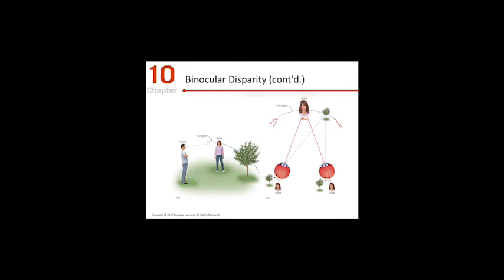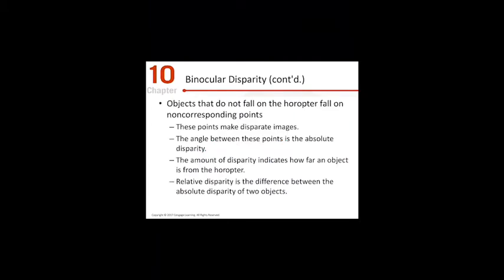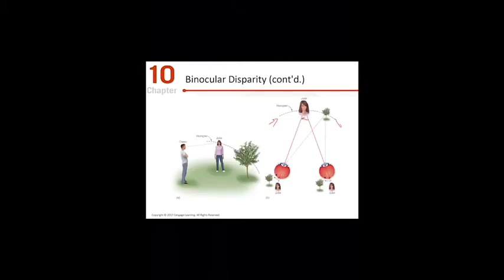Anything that does not fall on the horopter, right, is not on a corresponding point. So objects that do not fall on the horopter fall on non-corresponding points, and those make disparate images. When we look, for example, at Julie, if we are focusing on Julie, and let's say we have Bill sitting right here, Bill does not fall on the horopter, okay, and so he is not going to fall on corresponding points on the two retinas.